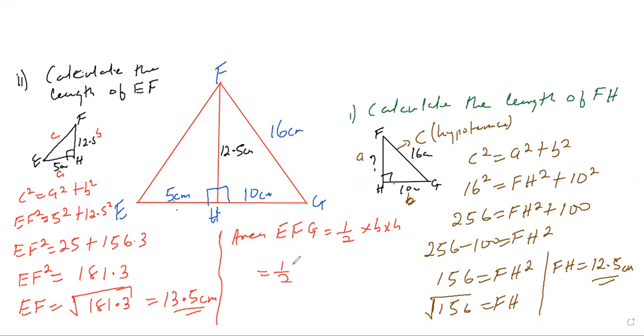Yeah. 15. How did you get the 15? Add the 5 and the 10, times the height. What is my height? 12.5. All right. Now, can somebody multiply 1 times 15 times 12.5? The answer you get, divided by 2, and tell me what you get, please.